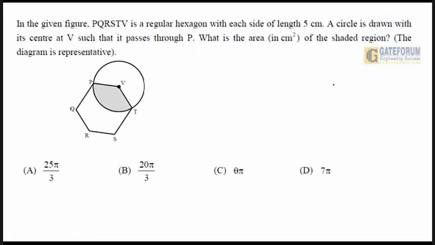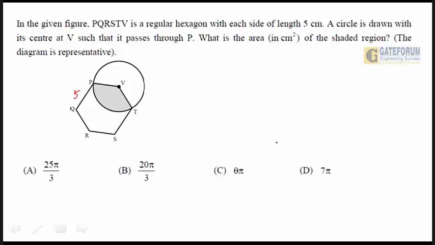Okay, geometry once again. In the given figure, PQRSTV is a regular hexagon with each side of length 5 centimeters. So each of the lengths is 5 centimeters.